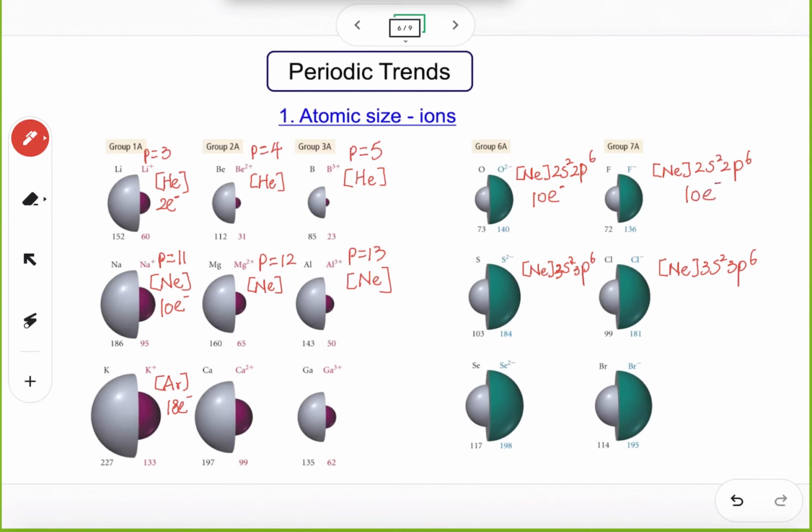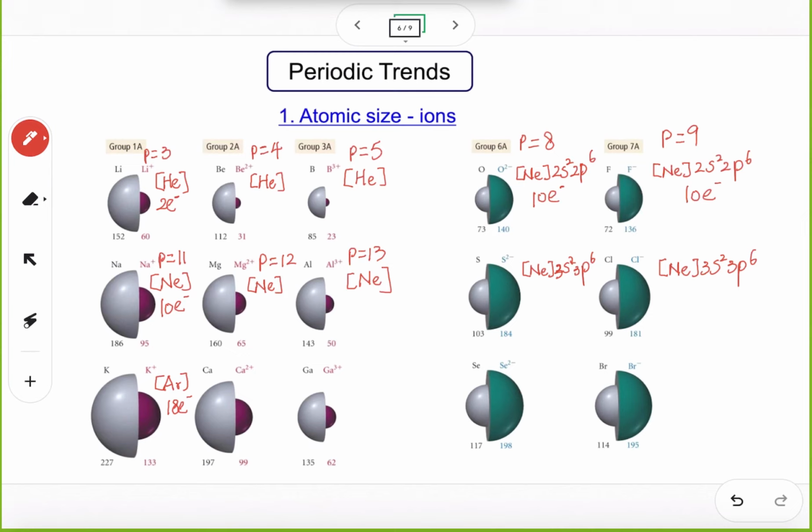Okay, now it looks like both O2- and F- have the same number of electrons. So you cannot decide which one is bigger or smaller based on the number of electrons only. Okay, what should we do? Again, like we did for cations, we consider the number of protons. For O2-, the number of protons is going to be 8. For F-, the number of protons is 9.